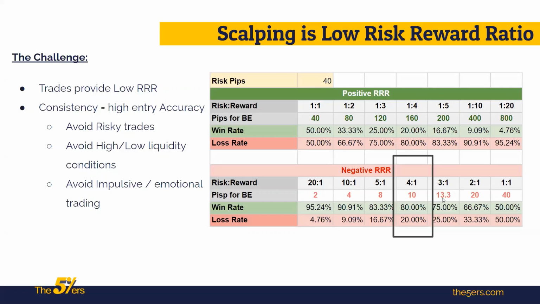My expected win will be 13.3 pips. Okay, if I'm risking 40, for that I have to be correct 75% of the time. Out of 4 trades, I have to be right 4 times.